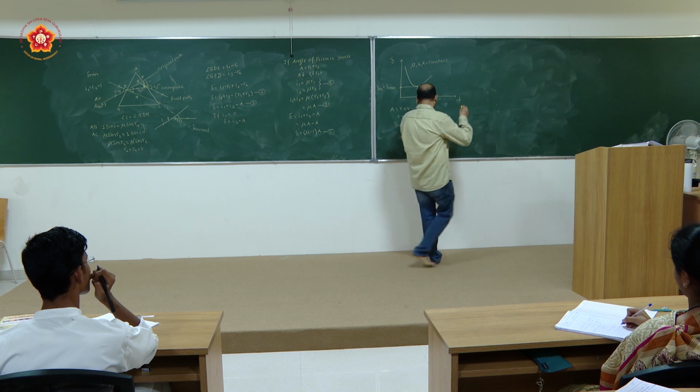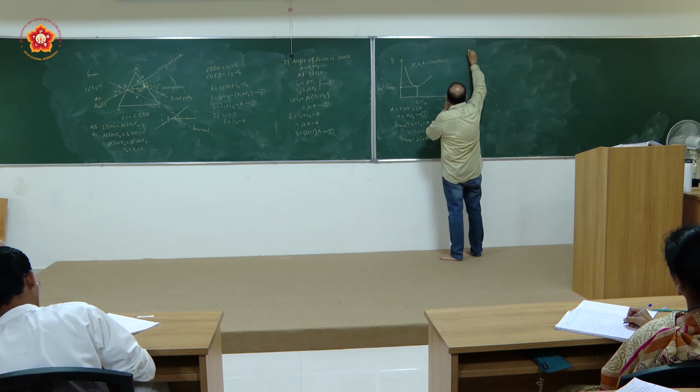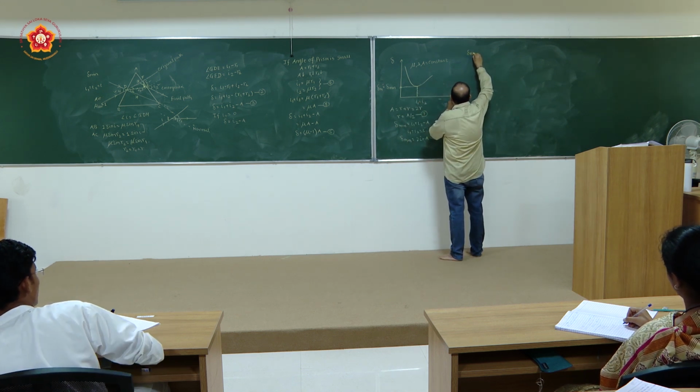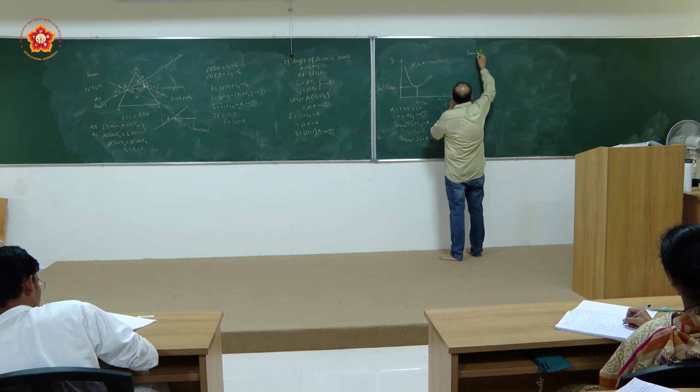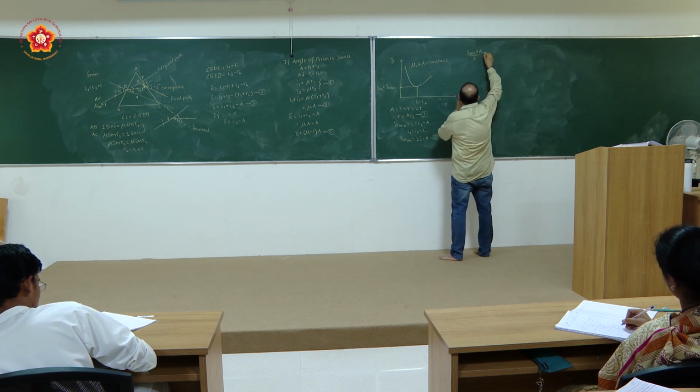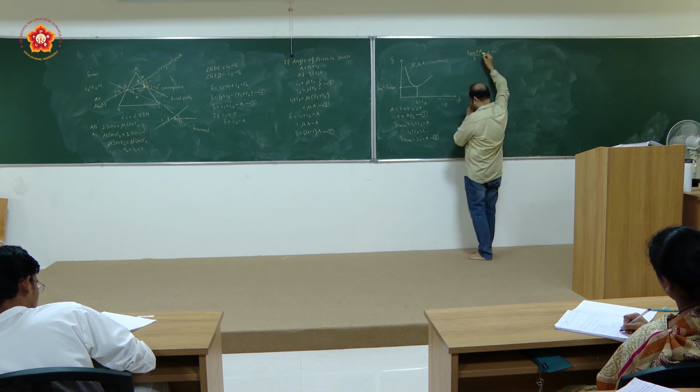So I can rewrite this relation as delta minimum plus A divided by 2 is giving me angle of incidence.